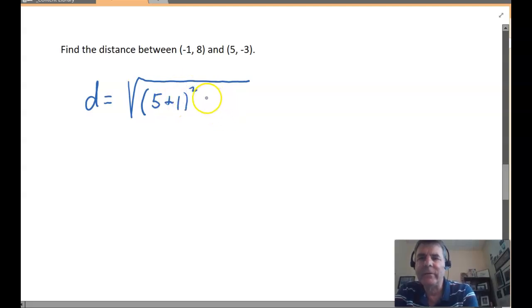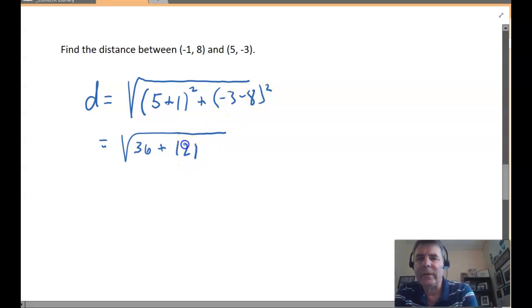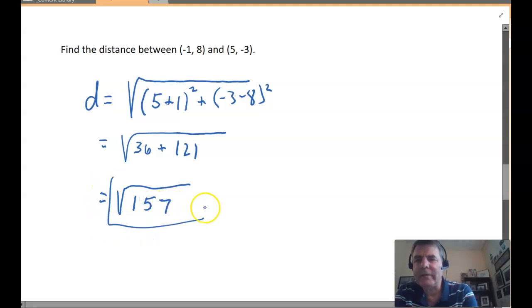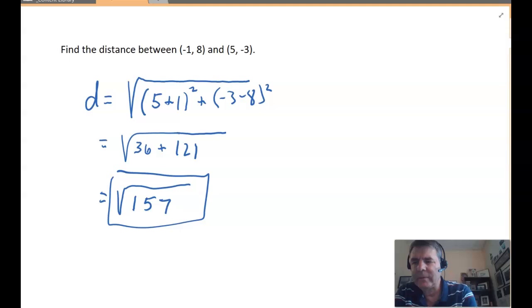That's going to be 5 plus 1, plus negative 3 minus 8 squared, and that's the square root of 36, plus, okay, that's negative 11 squared, which is 121. So I get the square root of, what is that, 157. So that is the distance between those 2 points.